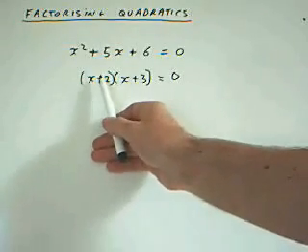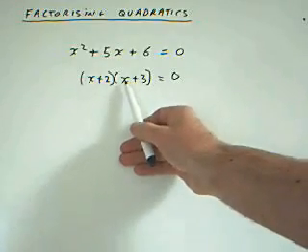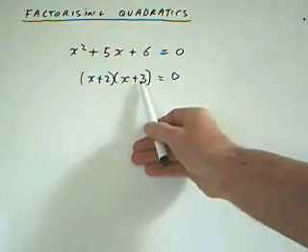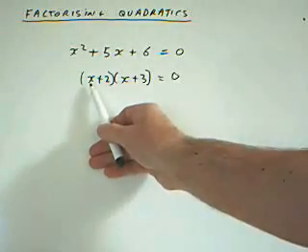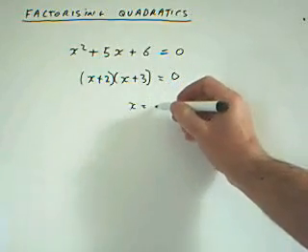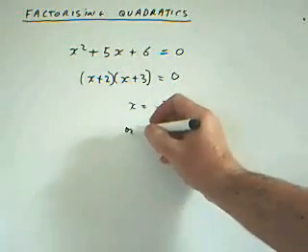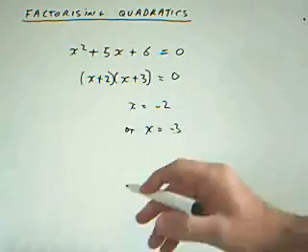For this bracket to be 0, x must be minus 3. Minus 3 plus 3 is 0, or x is minus 2. So we can say x equals minus 2 or x equals minus 3.